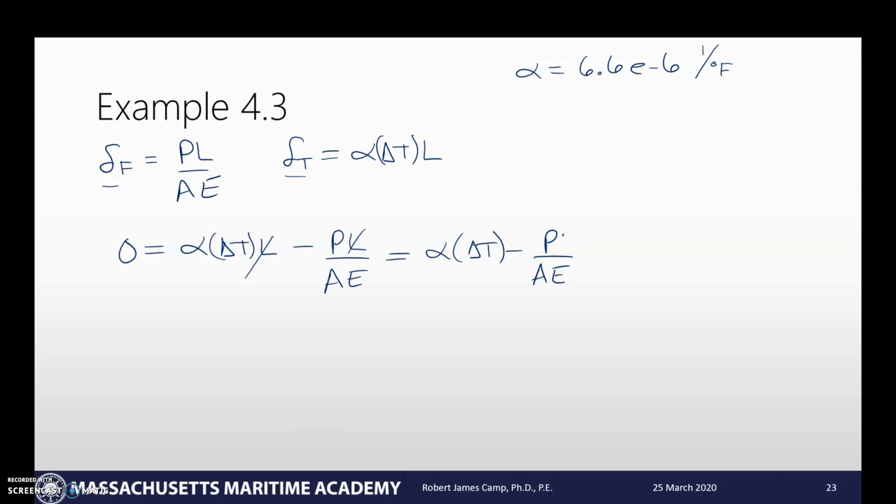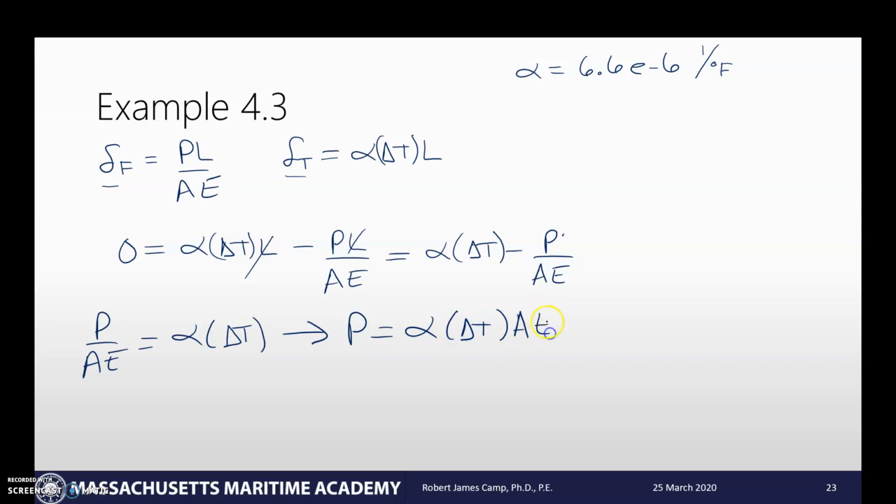Then we can plug in all of our numbers there and figure out what's going on. In fact, since 0 is on the other side, let's just rearrange this equation. I'll move P over AE to the other side. That's going to equal alpha delta T. And then just multiply through. So P is alpha delta T times AE.